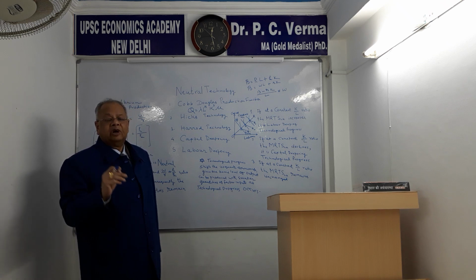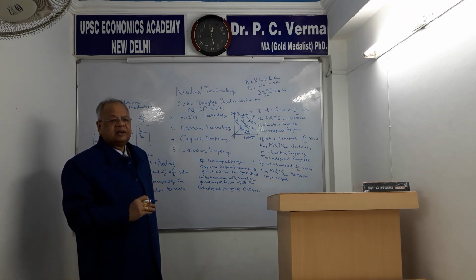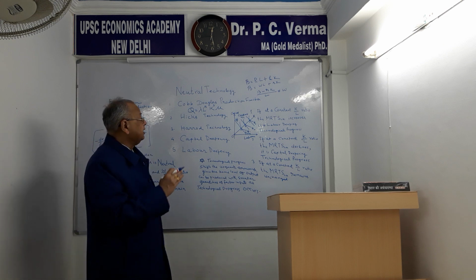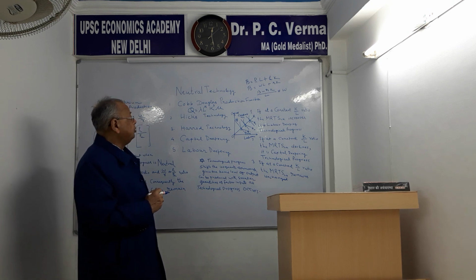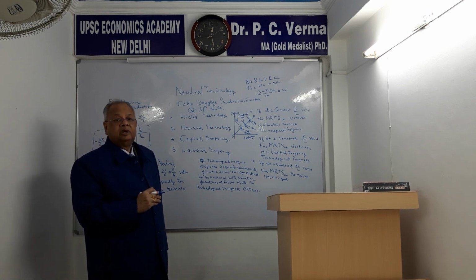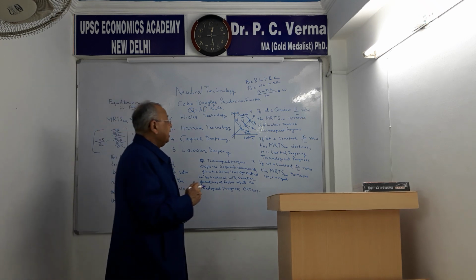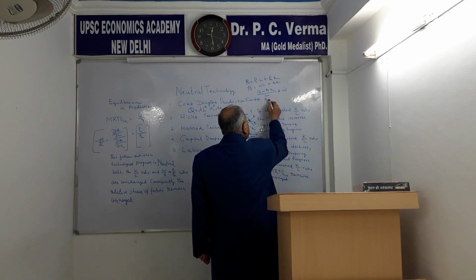Then how can you find out W? Take the right side to the left side, then it will be minus RK. So B minus RK, and then take L across, it will come down. So W will be equal to B minus RK by L, and likewise you can write directly.